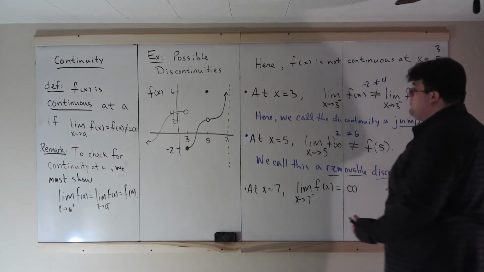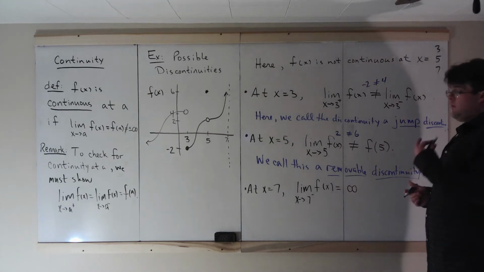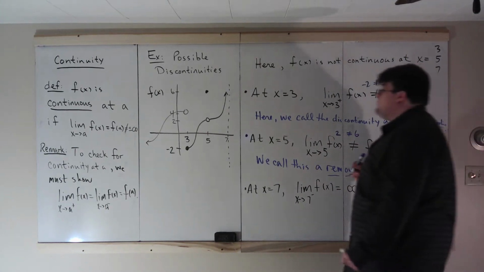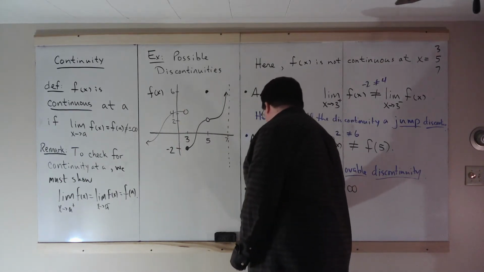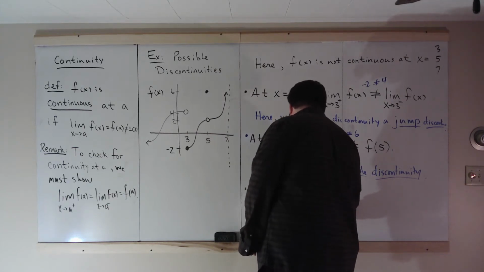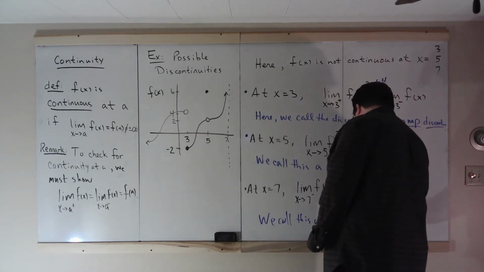And the reason we call it removable is because we can remove the discontinuity by changing what happens at one point. Up here, to remove the discontinuity, we'd have to change what happens at a lot of points. And down here, when we have a vertical asymptote, we call this an infinite discontinuity.